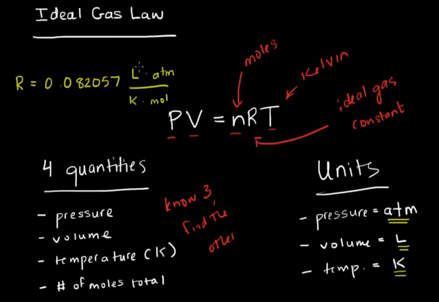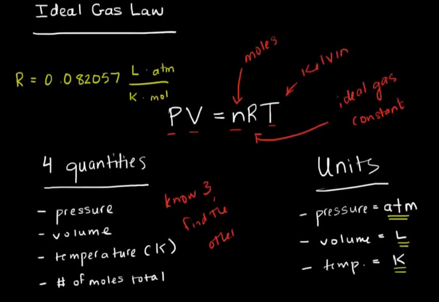Now, as I said, we can find different values of R. In fact, you can go to the Wikipedia page for the gas constant and find tons of different values of R for different kinds of units. But whenever we're given this value, we need to make sure our pressure is not in pascals, it's in atmospheres. It's not in cubic meters, it's in liters, etc. So that's just something to look out for in problems.